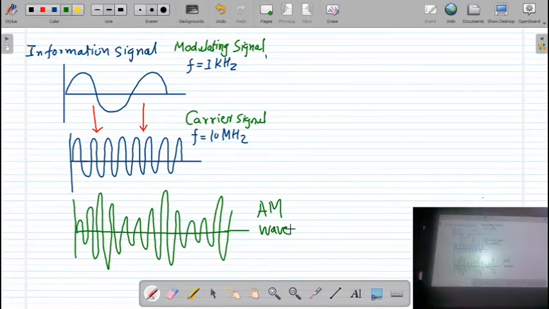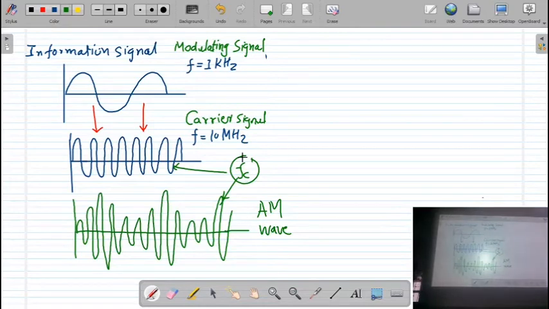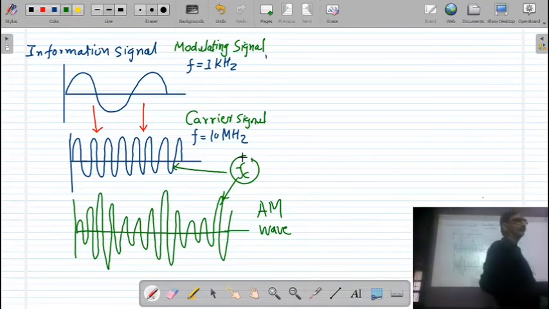Now, what is the difference between the carrier wave and the modulated wave? If you look at this, the frequency of the carrier wave and the frequency of the modulated wave is the same. In both cases, we are not changing the frequency.